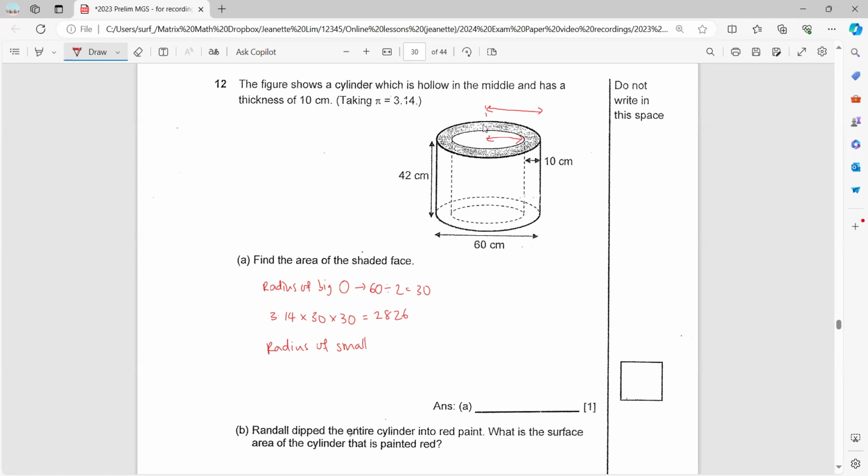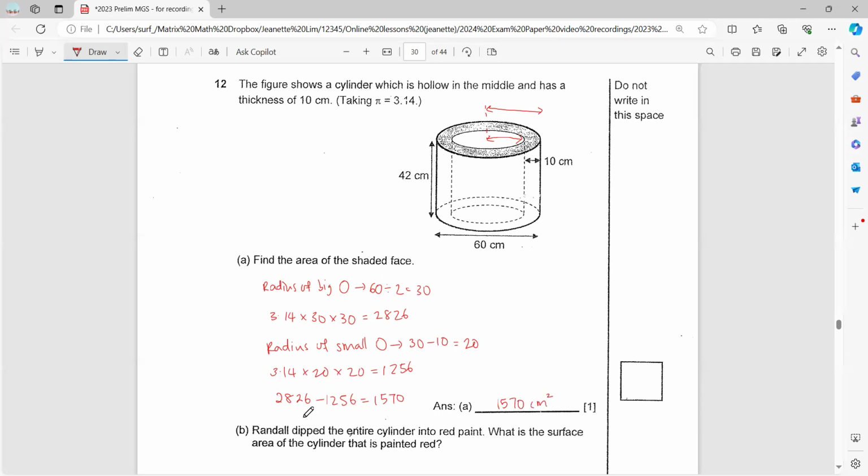Radius of small circle is actually 30 minus 10. 30 minus away this 10, so 20. Pi times radius times radius. 1256. So the shaded part will be 2826 minus 1256. 1570 square cm, because it's area.